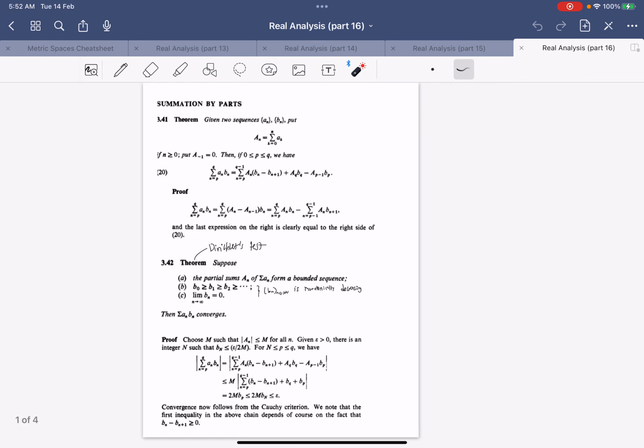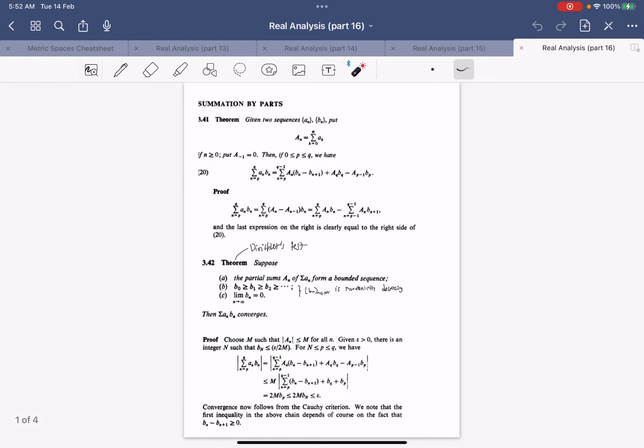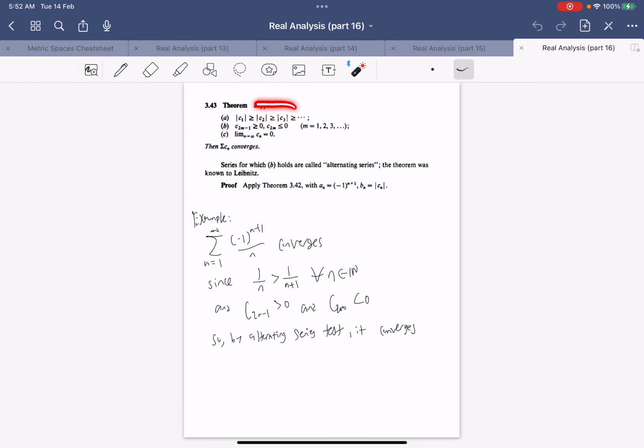And a corollary of this is that if now you have terms c_n which are all positive and strictly decreasing, and one of the terms is positive, the other one is negative, and so on, so it's alternating positive negative, and then you know that c_n converges to 0, then the series of c_n will converge.